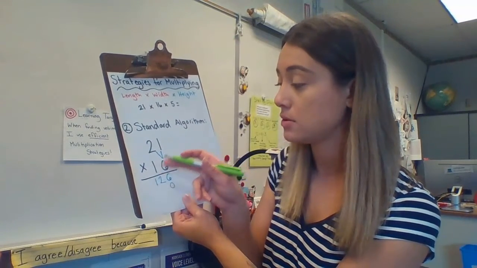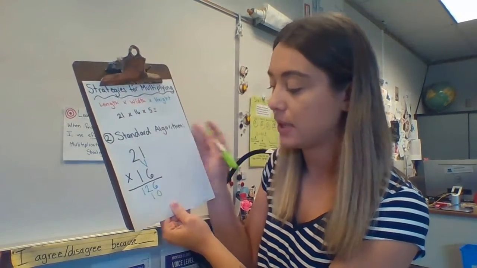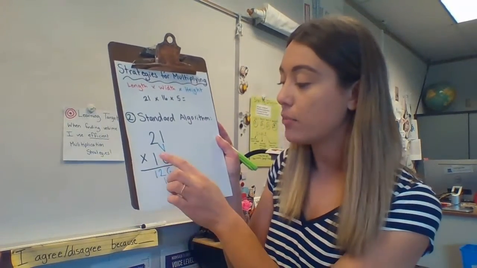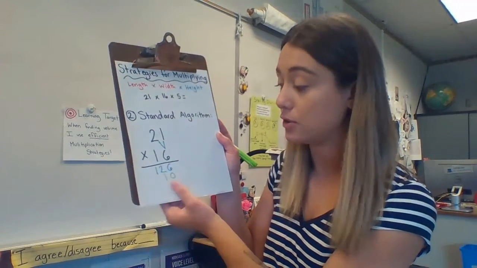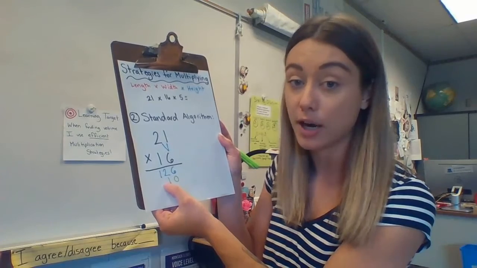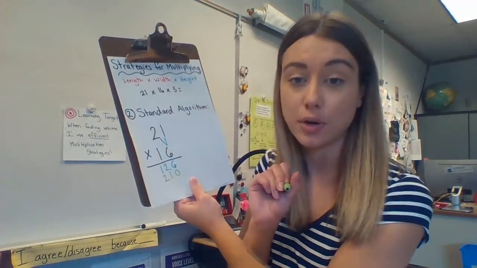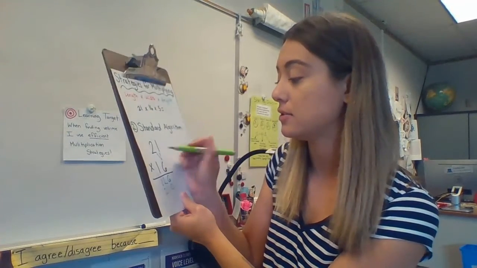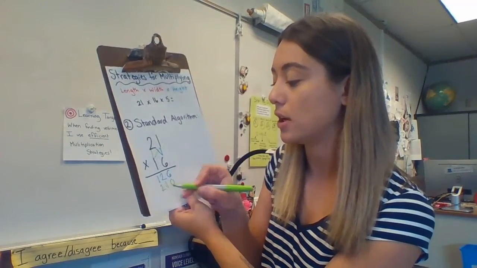So 10 times 1 is 10, and I can put that down there. Then my 10 times my 20, I know, is 200, and so I have the hundreds place right here open up, and I can put my 2 in there to do 210. So I know 10 times 1 is 10, 10 times 20 is 200.